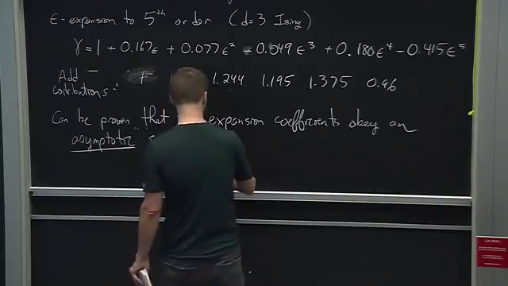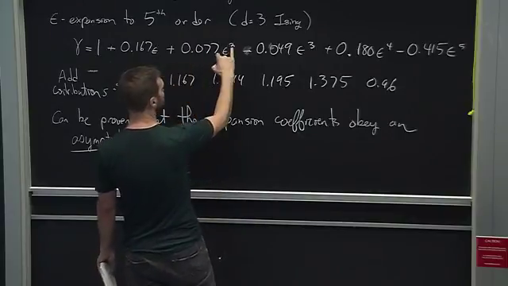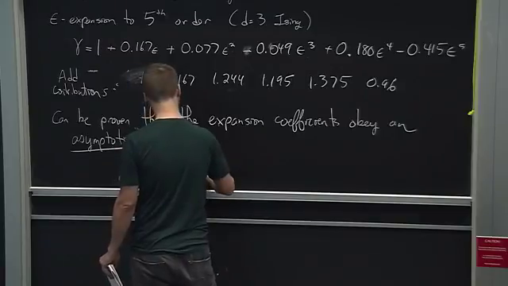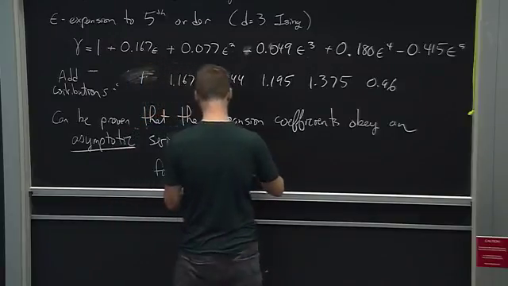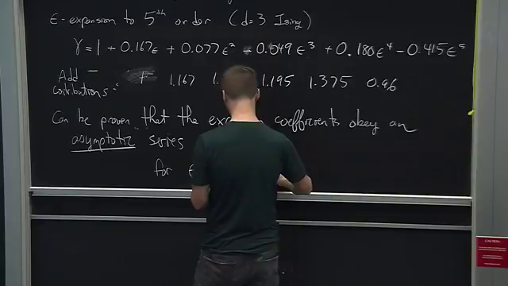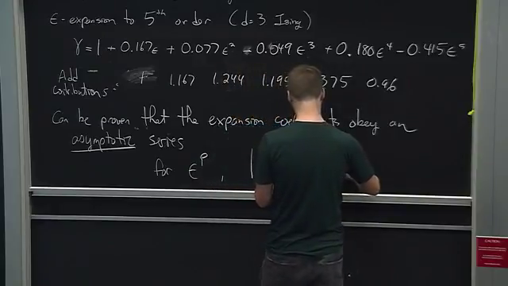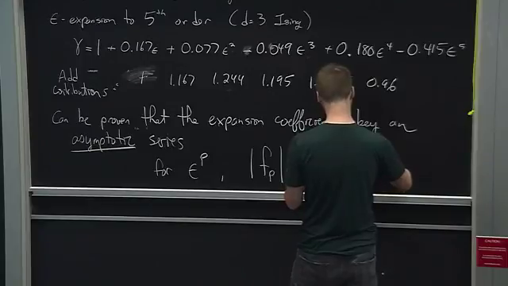So if this is the power P, for epsilon to the P, the expansion coefficient, I'll call it F, is some constant times P factorial, some number to the minus P.